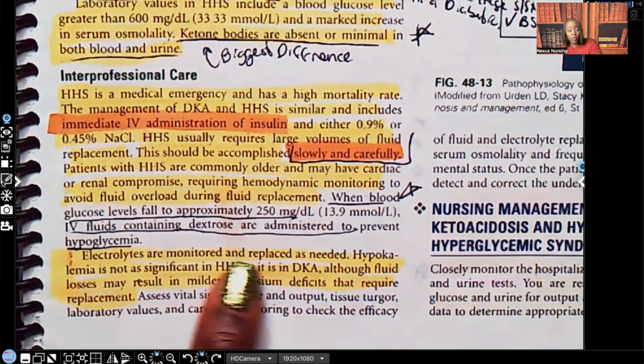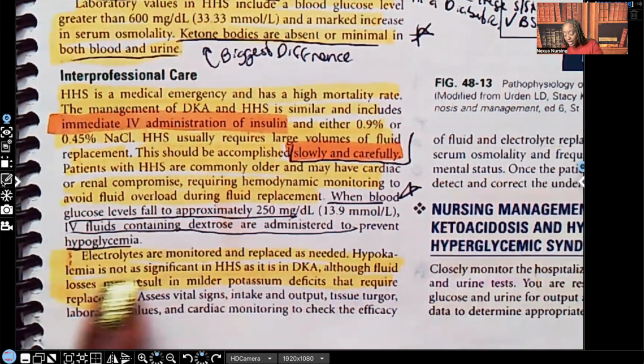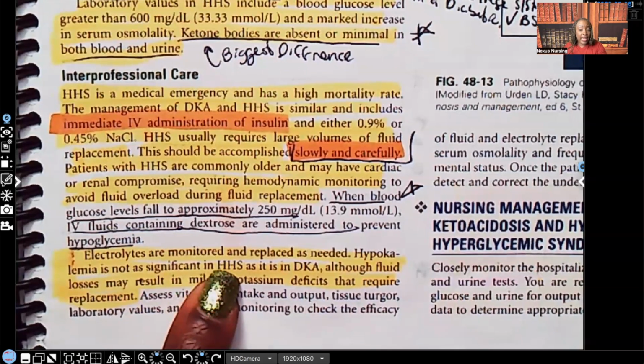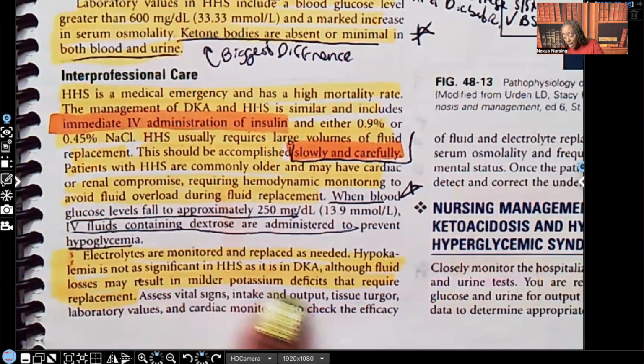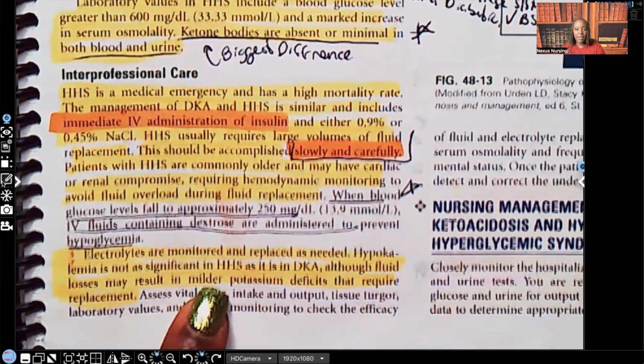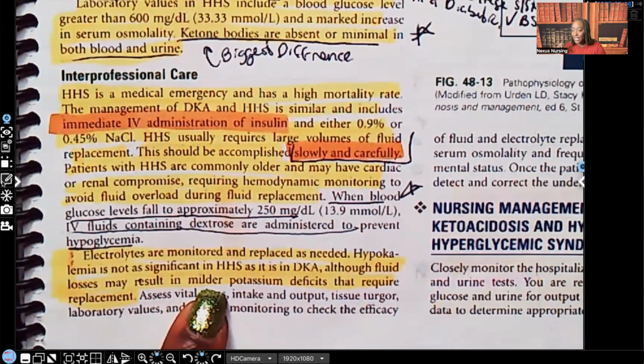Electrolytes are monitored and replaced as needed.